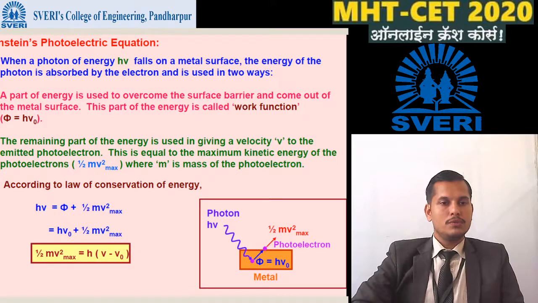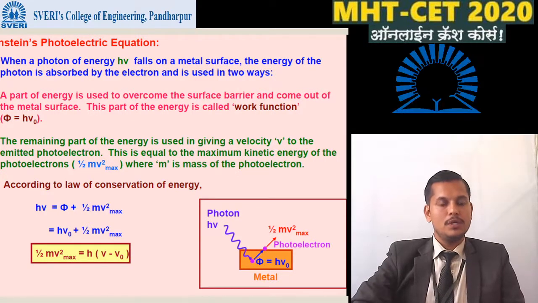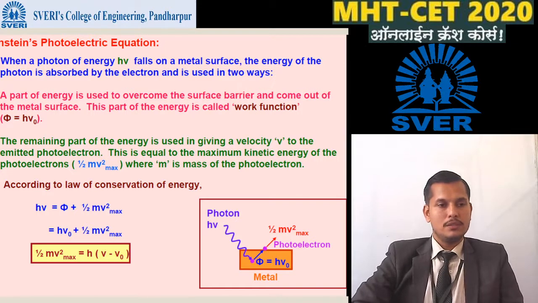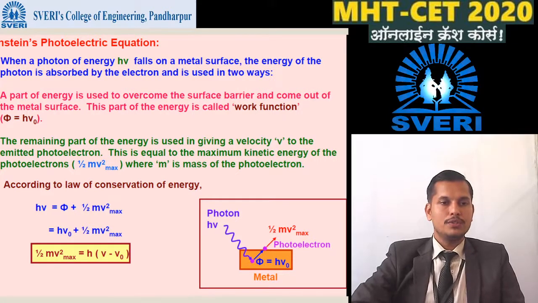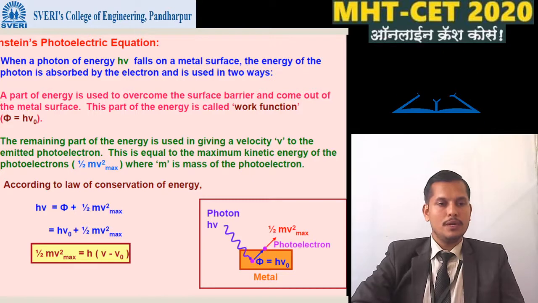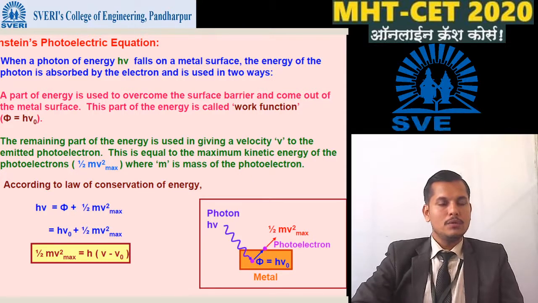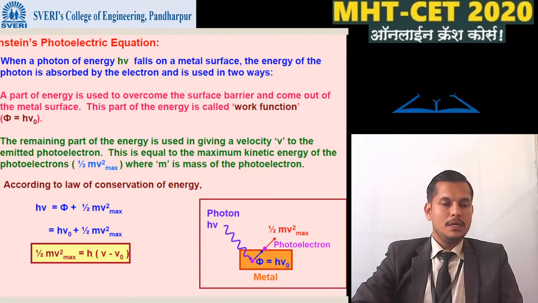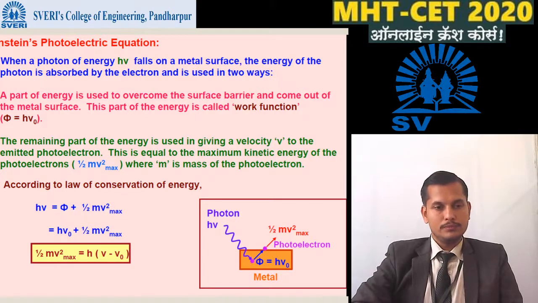According to the law of conservation of energy, we are writing this as h nu is equal to work function plus 1/2 mv square max. So the value of work function is h nu 0. After putting and adjusting the terms, what we are getting is 1/2 mv square max is equal to simply h in bracket nu minus nu 0.